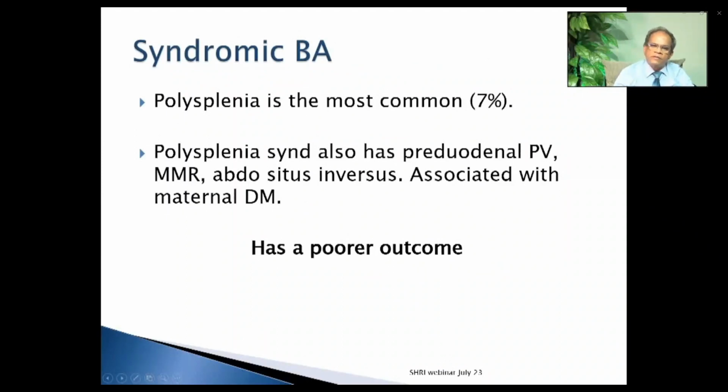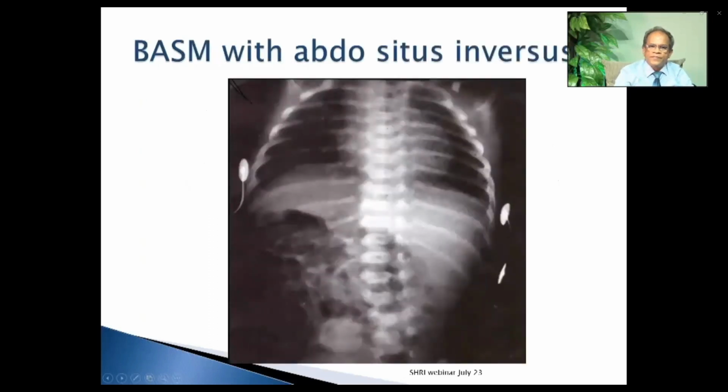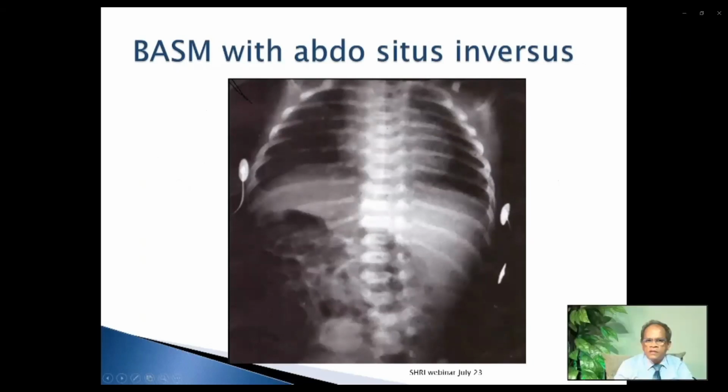And certainly the syndromic biliary atresias have a poorer outcome. So this is an X-ray of a patient with situs inversus with polysplenia and syndromic biliary atresia.